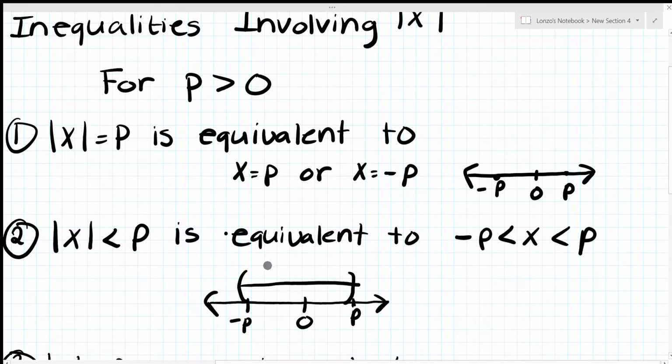Remember, an "and" problem of an inequality is going to connect. So in notation form, it's going to be x is greater than negative p and less than p. So that was rule 2.